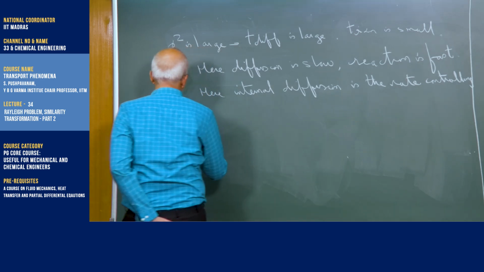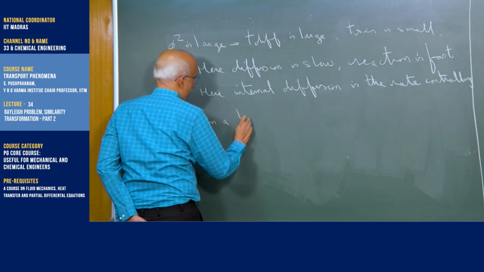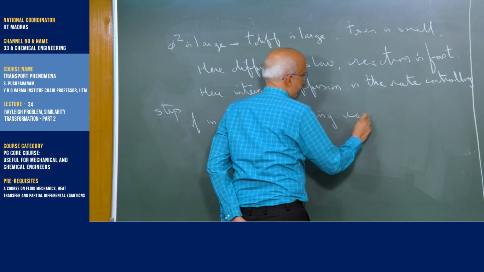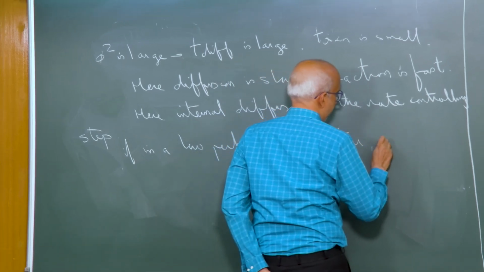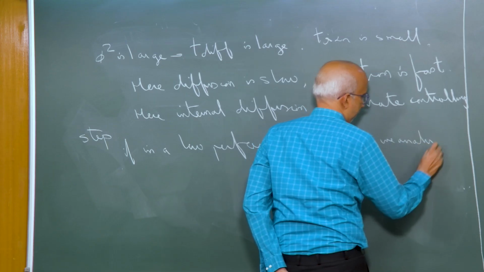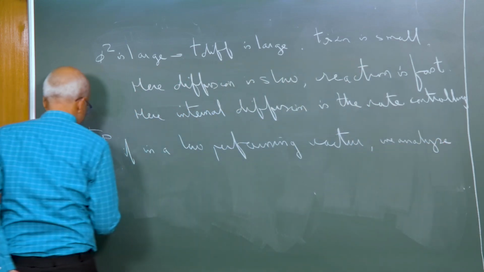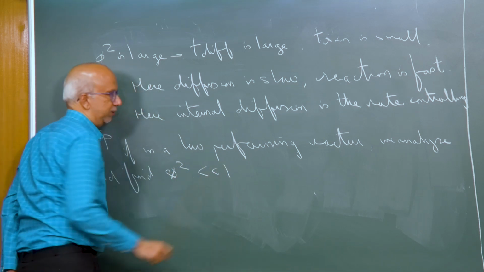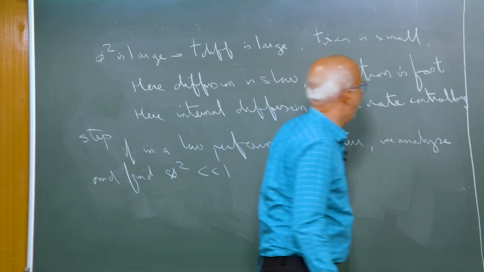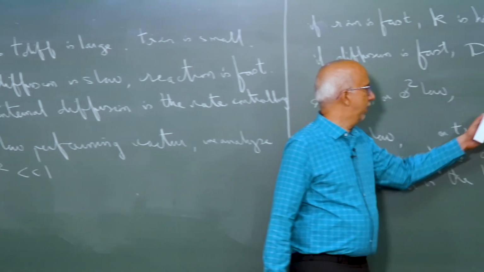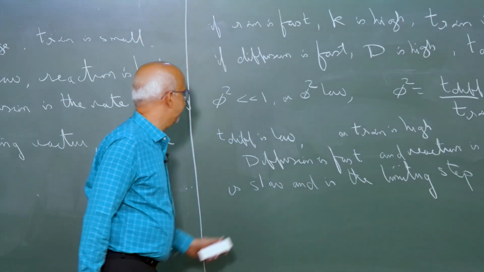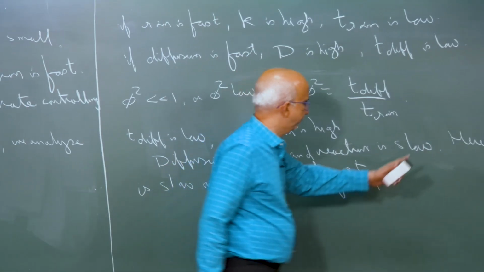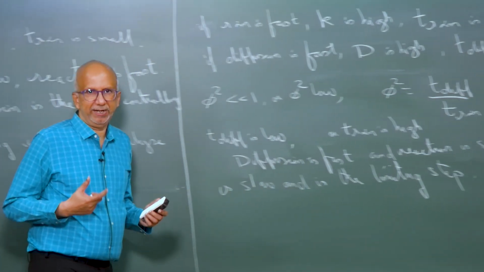See, if in a low performing reactor, we analyze and find phi squared to be very much less than 1, phi squared is very low, that means the reaction is the one which is rate controlling.